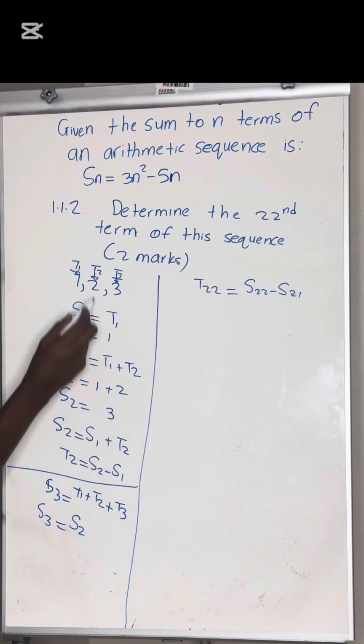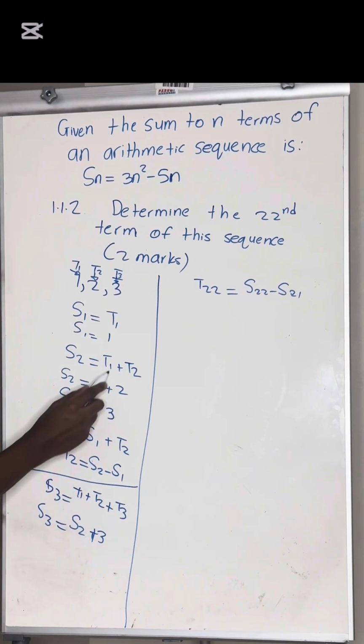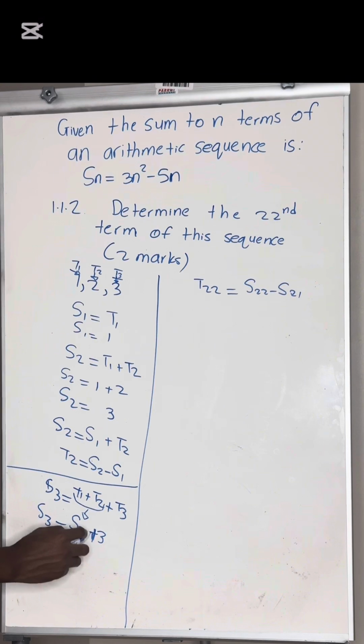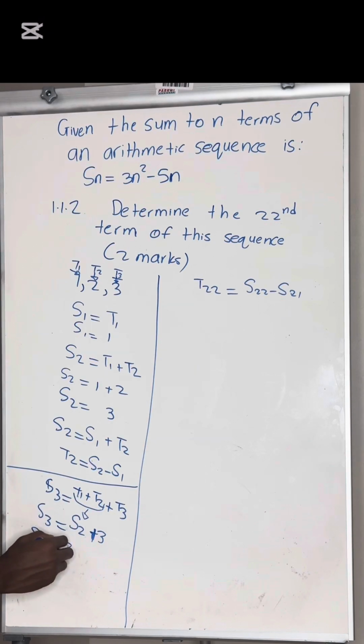And then term 3 is 3. Look at this properly. Term 1 plus term 2, we got the sum of the first 2 terms, which is 3. So S3 is S2 plus 3, which is 3 plus 3. So the sum of the first three terms is 6.